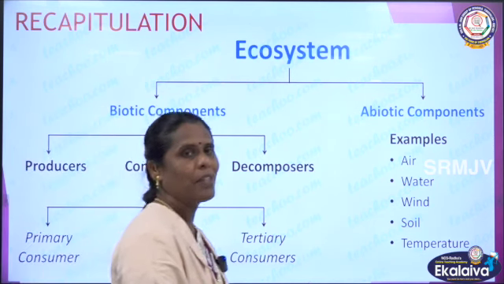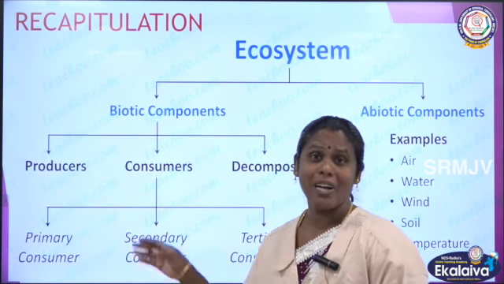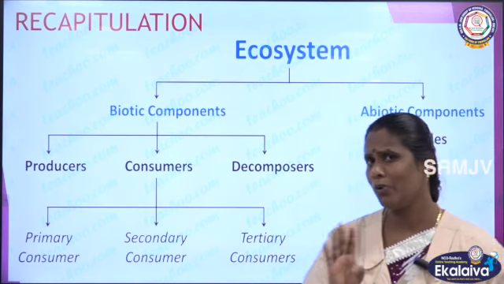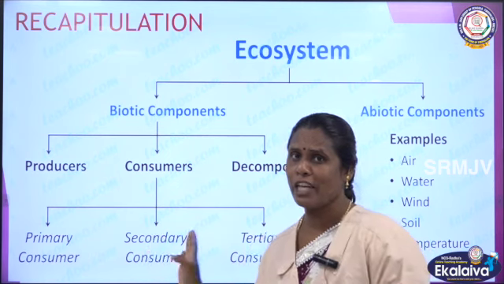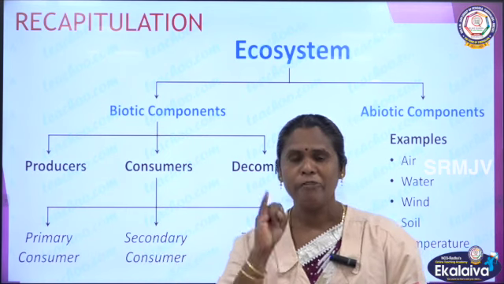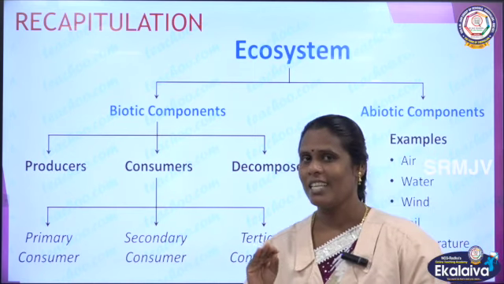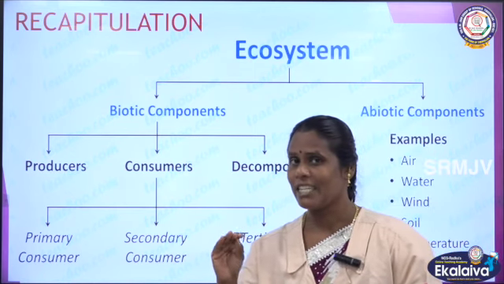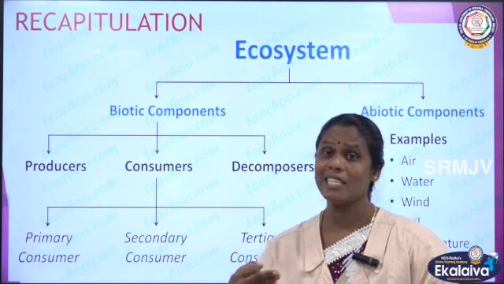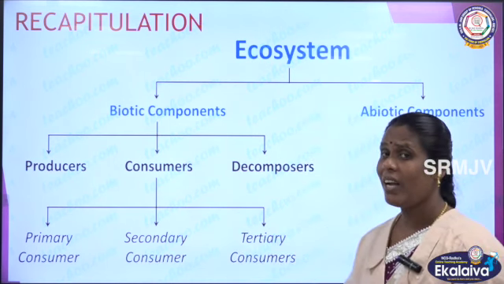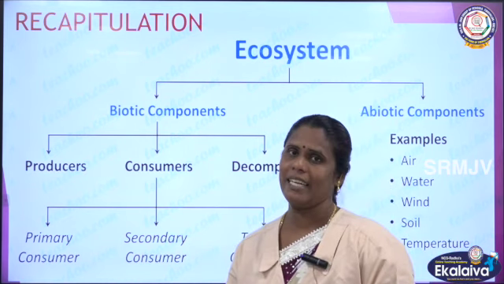Okay children, we have come to the end of the lesson. This is the final part, part 4. In the first part we discussed things around us and their characteristics, the first three characteristics. In the second part we discussed the remaining characteristics.